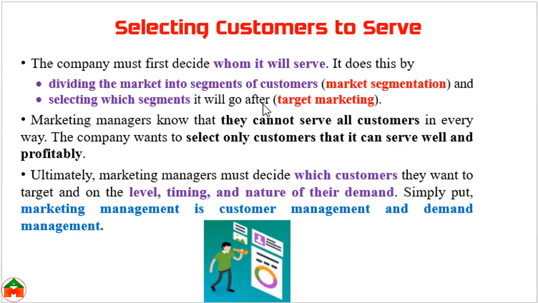That is called target marketing. So for the purpose of selecting customers, the marketing manager should do two things. One is market segmentation and the second one is target marketing.